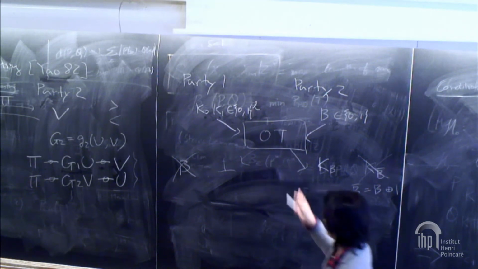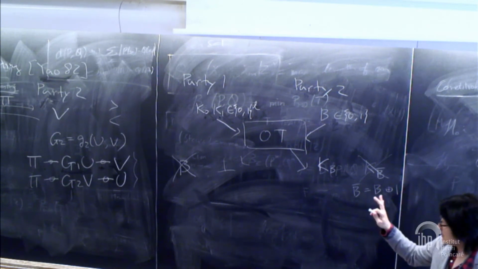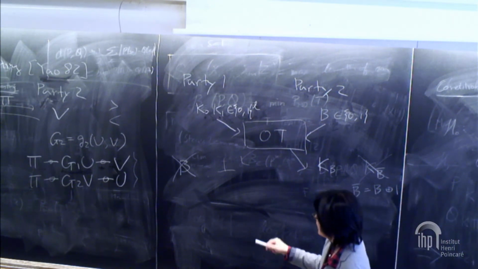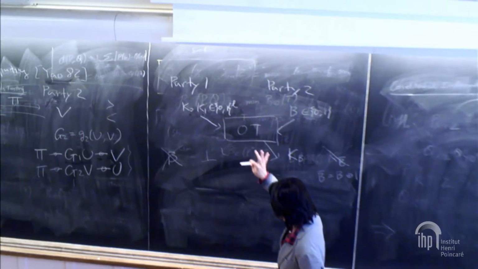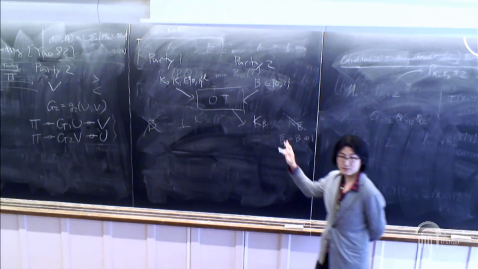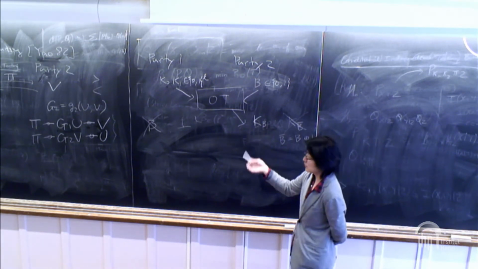This oblivious transfer function looks a little bit strange at first glance, but it is known that if we can realize this oblivious transfer, we can realize secure computing for any function.